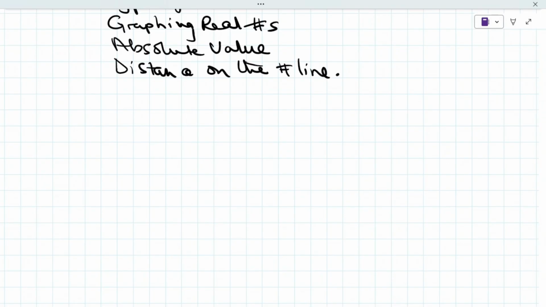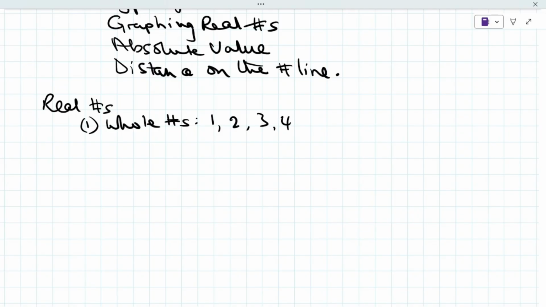Okay. Now, real numbers include whole numbers. So under real numbers, we have, one, whole numbers, and these include numbers like say 1, 2, 3, 4, and so on and so forth.